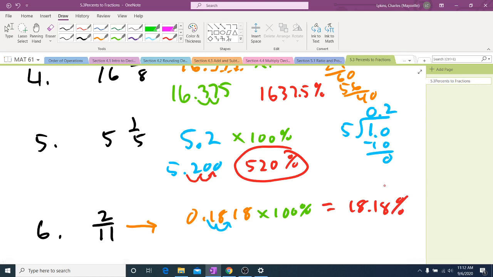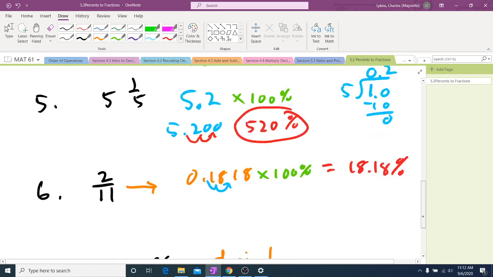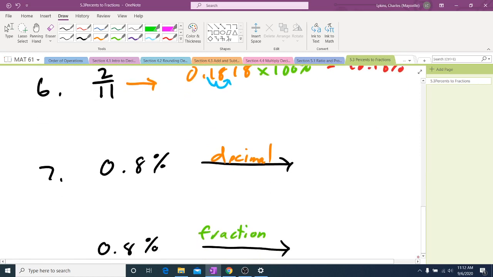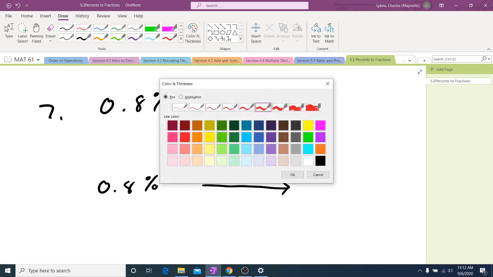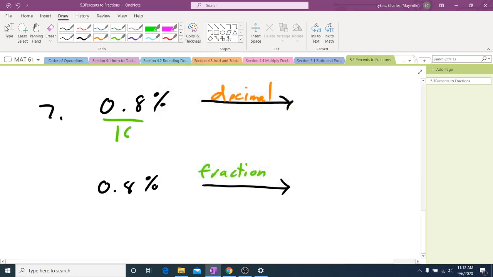So finally, I'm going to show us the difference between 0.8% as a decimal and then a fraction. So remember, when you go from percentage to a decimal, we're going to divide by 100, or move the decimal over 2 to the left.